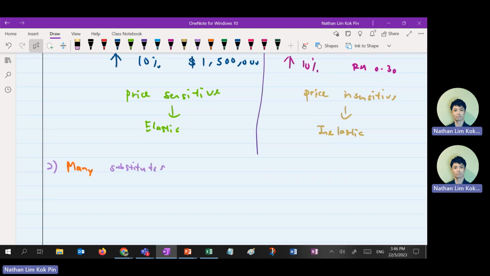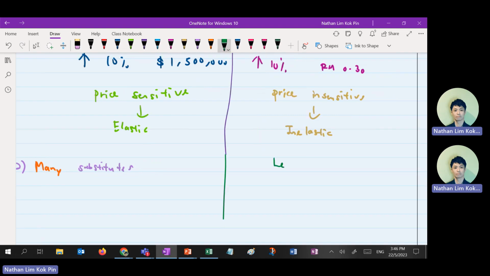If we don't have any substitutes, like fewer substitutes, we will be inelastic, right? Fewer substitutes like what? If the entire world only had one type of game, which is, what game do you like the most?